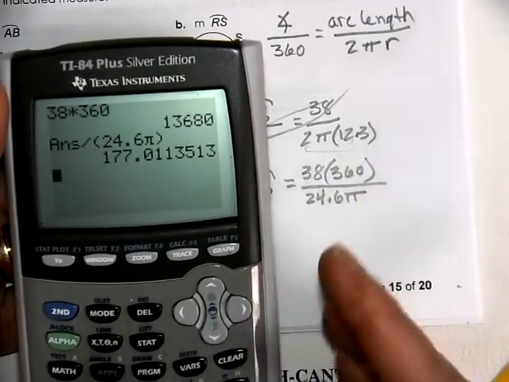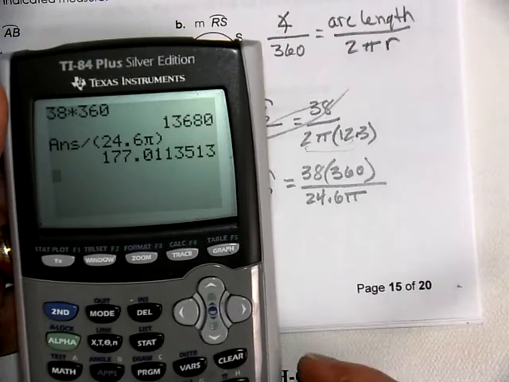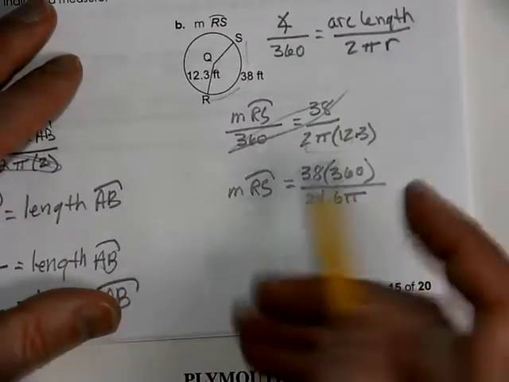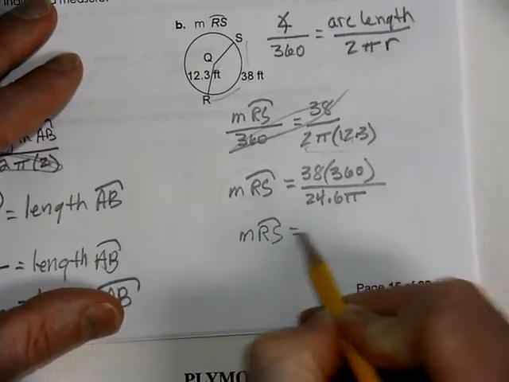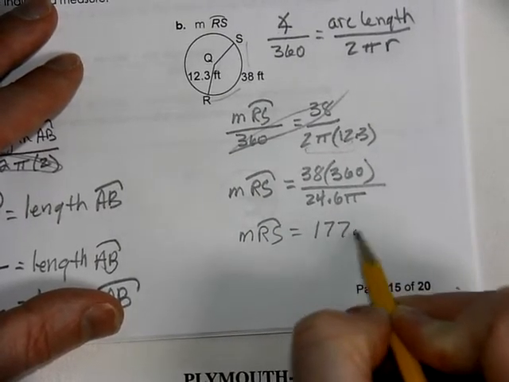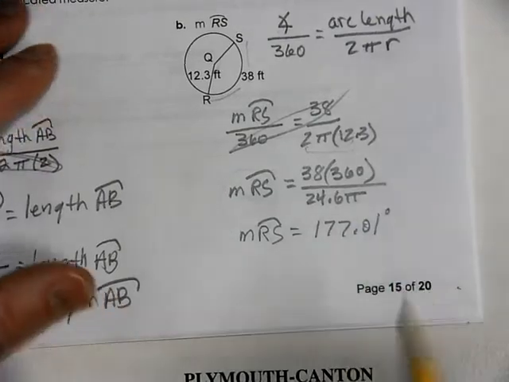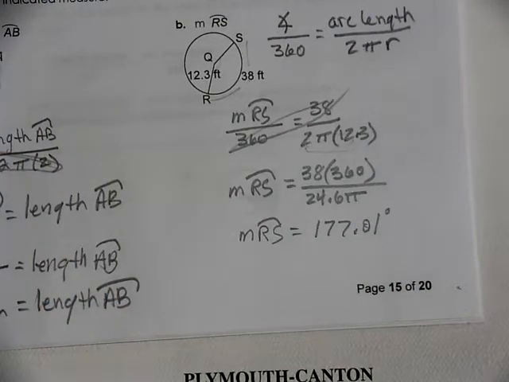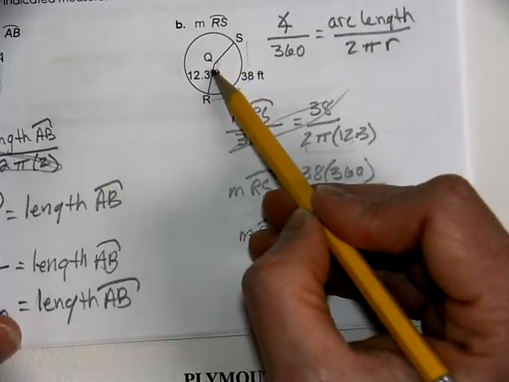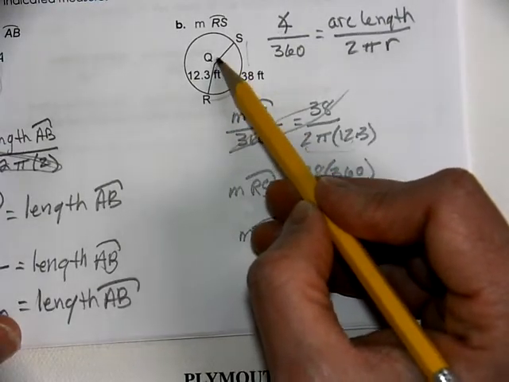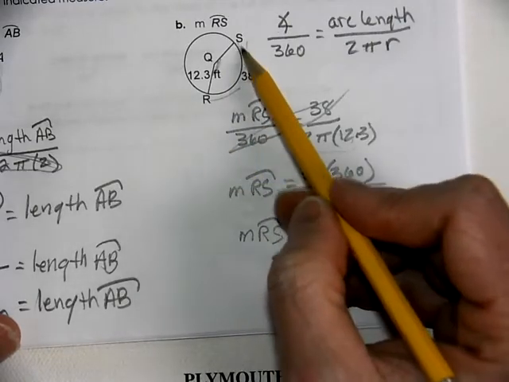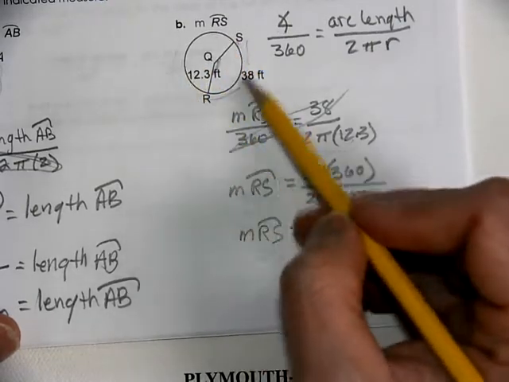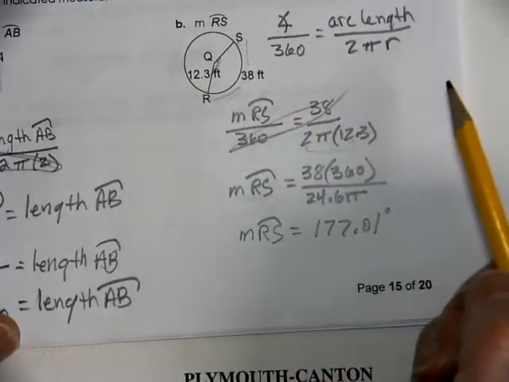And the angle value is going to be 177.01. And these are degrees. So what that means is this angle is opening up 177 degrees. The arc compared to the 360 is 177 degrees of it.